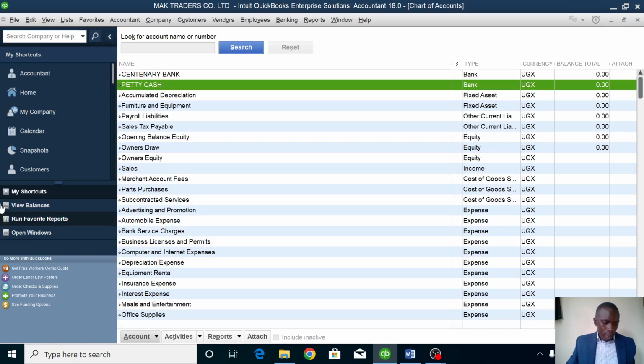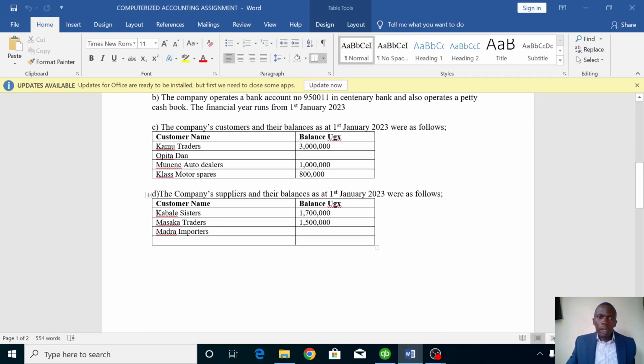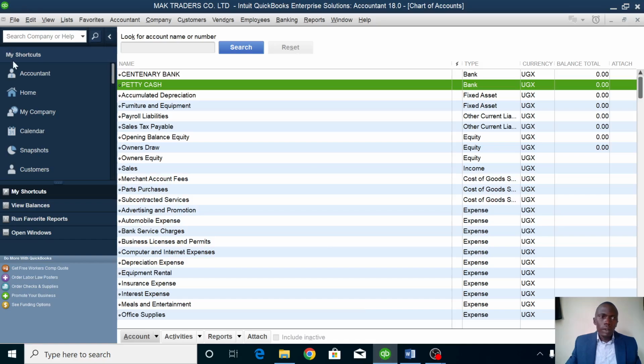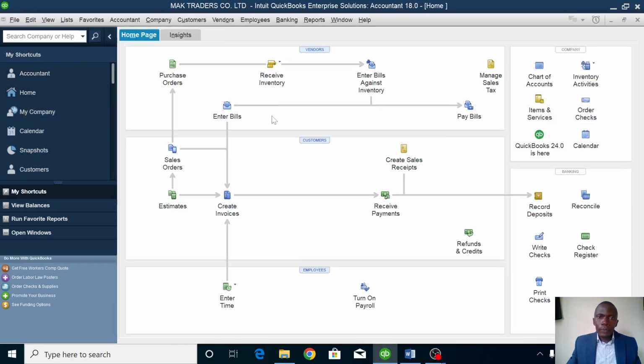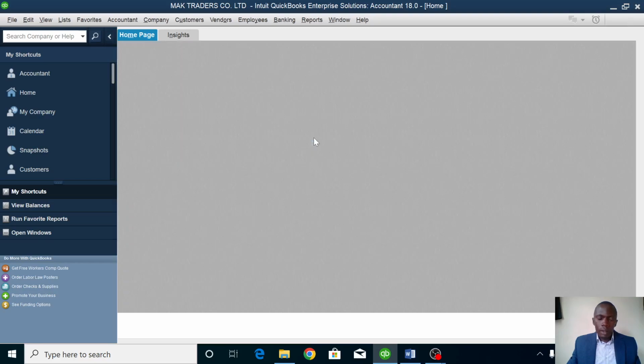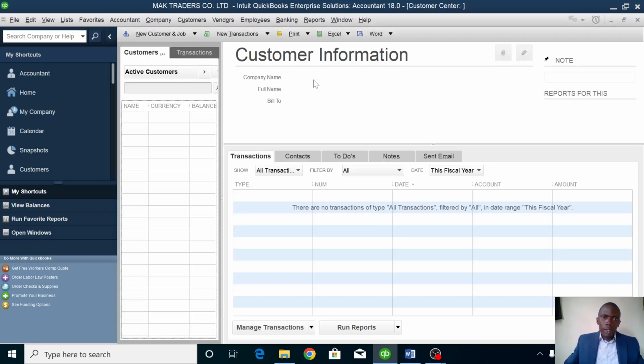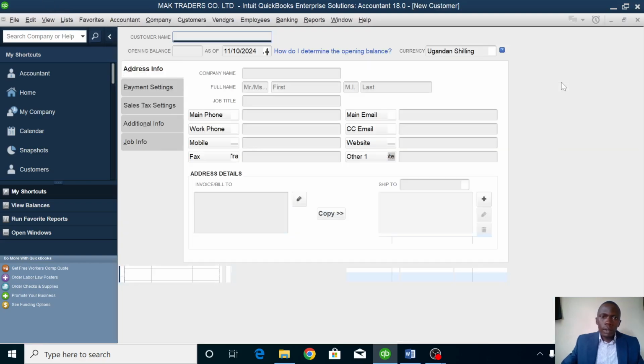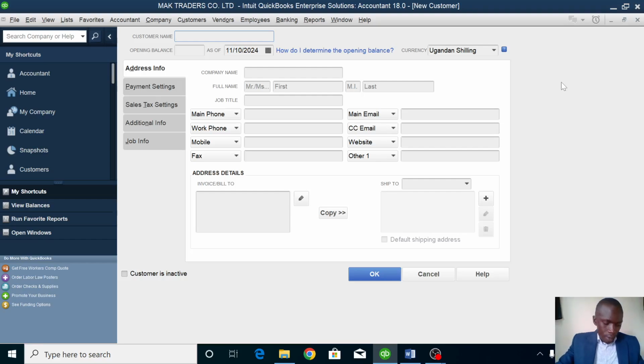Next transaction, we are looking at customers. We have COM Traders. We go back to home. Say customers. Go to new customer job. We create new customer. It is COM Traders.